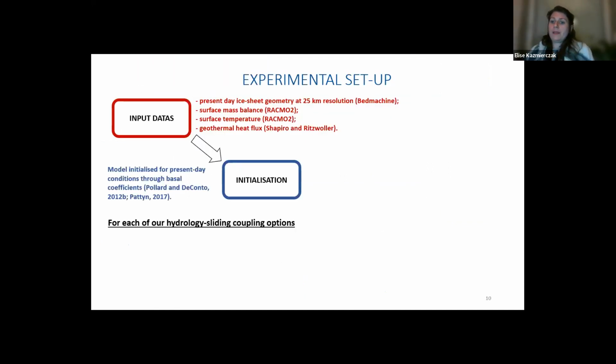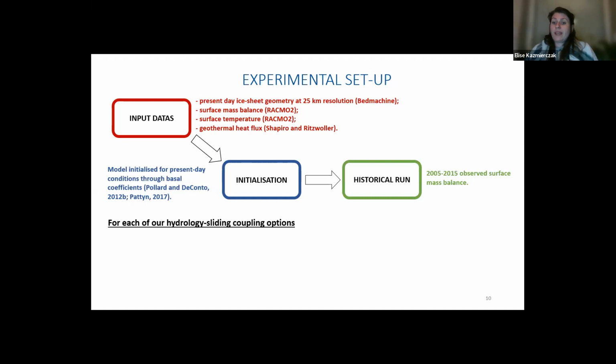We initialize the basal coefficients using input data for each of our hydrology sliding coupling options. It consists of finding the values of these coefficients that result in a realistic ice sheet geometry when compared to observations. After initialization, we perform a historical run.